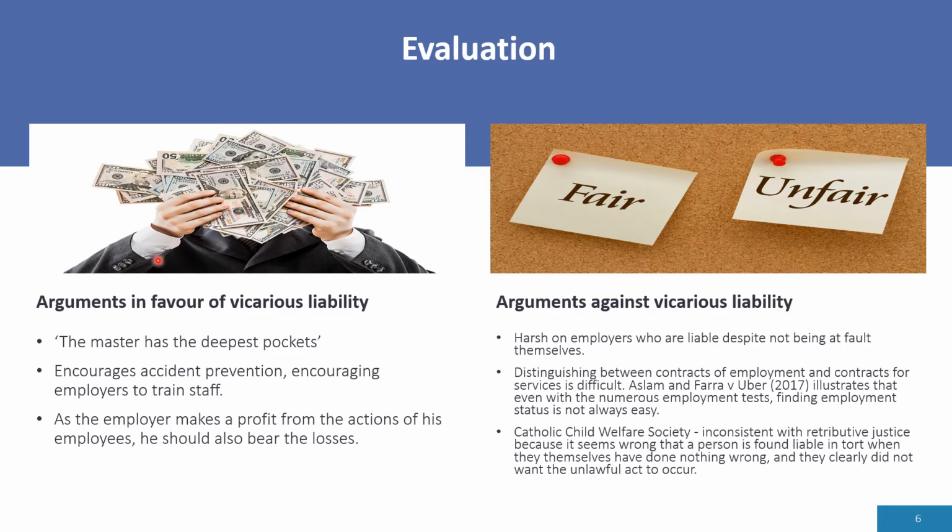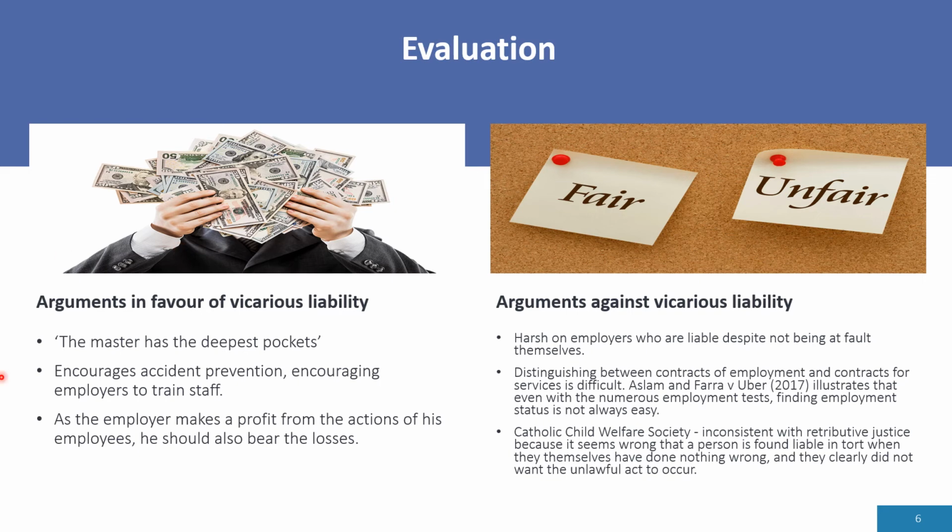The main arguments in favour of vicarious liability stem from this old-fashioned phrase, the master has the deepest pockets, and that's what this money is symbolising here, in that the employer is generally in a better position to pay the damages caused to our claimant, and they might have insurance for that purpose as well.